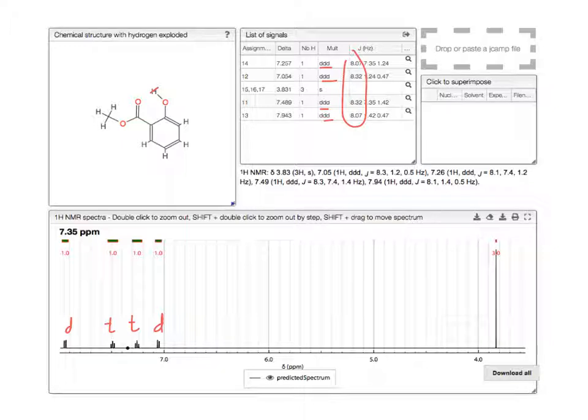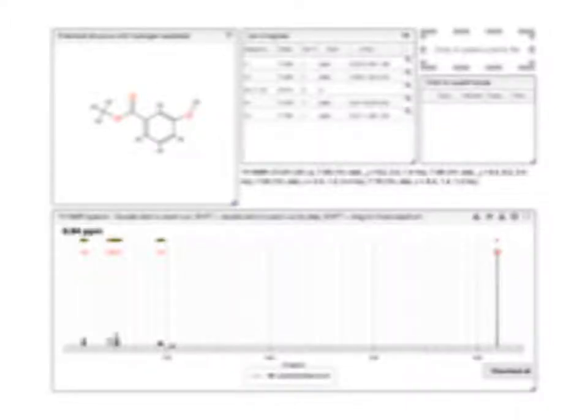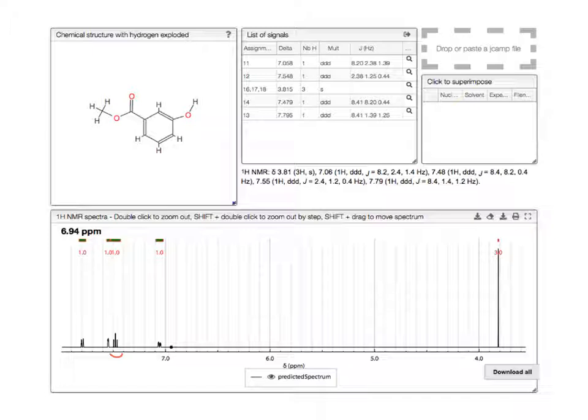So let's try the other meta coupling that we are saying. Here is meta with the methyl ester and the phenol. Notice that here's this triplet that looks a lot like that big triplet we saw, and this signal right here has no large coupling.